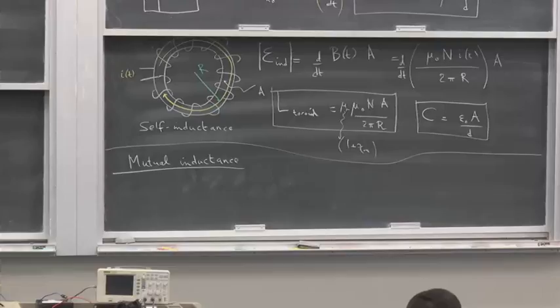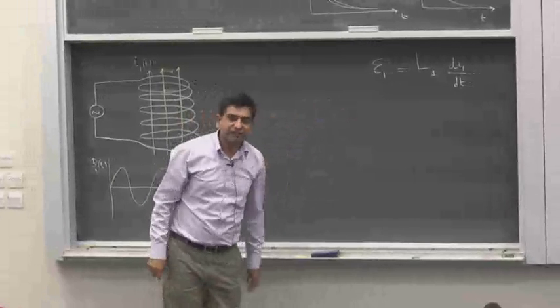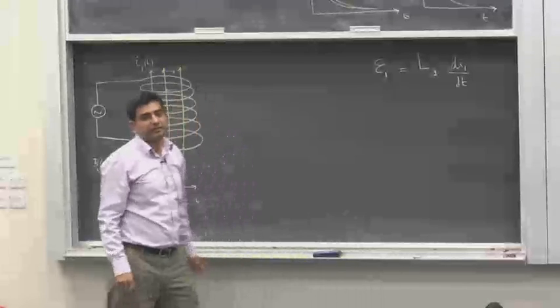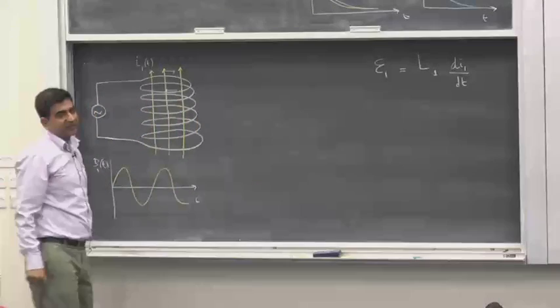Now an EMF will be induced inside this solenoid. That EMF, let's call it EMF 1, is given by the inductance of this solenoid, L1, times di1/dt. This inductance will be given by the formula that we just derived. So a voltage will be set up inside this inductor.